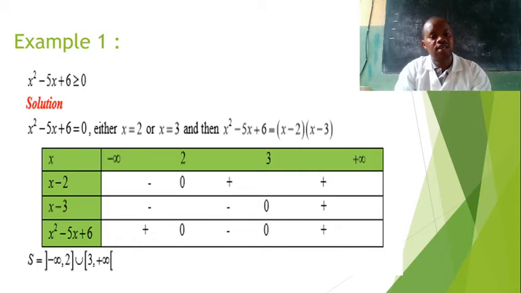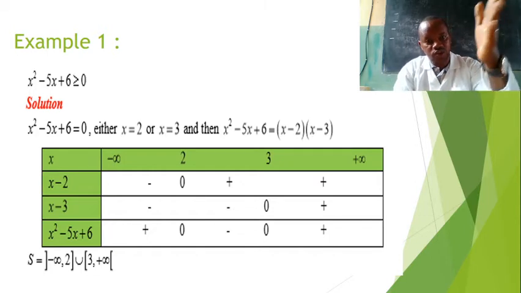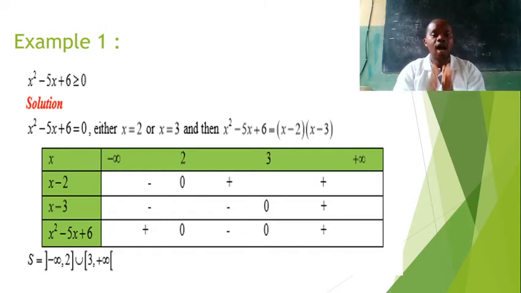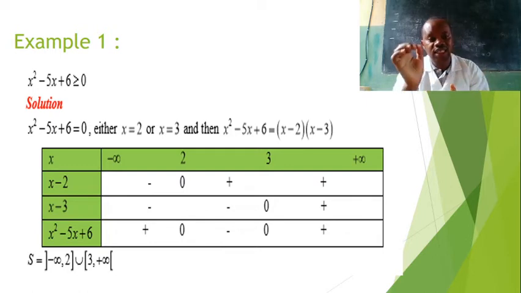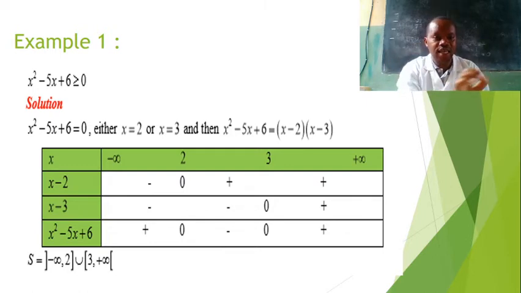Dear friends, let us take for example 0. 0 is in the range between minus infinity and 2. If we replace x by 0, we'll have 0 minus 2, and the answer will be minus 2.